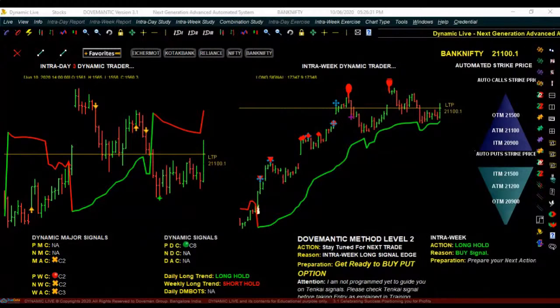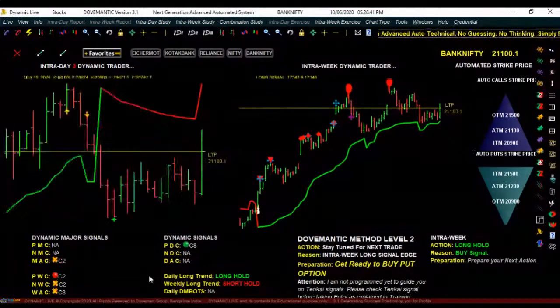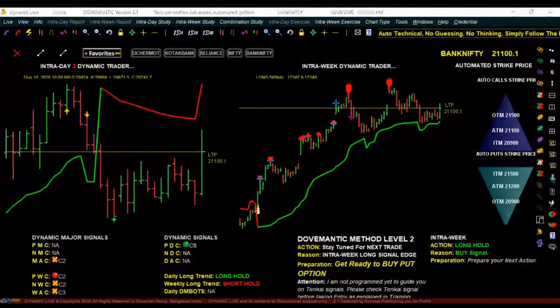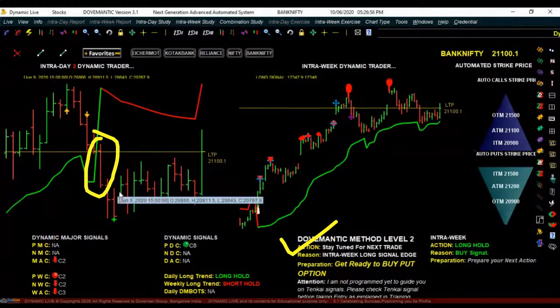Now Mr. Karthik Jaisimha has asked to kindly open the Nifty chart also for comparison. Definitely, Mr. Jaisimha, let me show you this. This is the point that I was explaining when it said buy put option. It was very clearly written. What was the date and time? It was on 9th June at around 14:30, that is 2:30 in the afternoon.